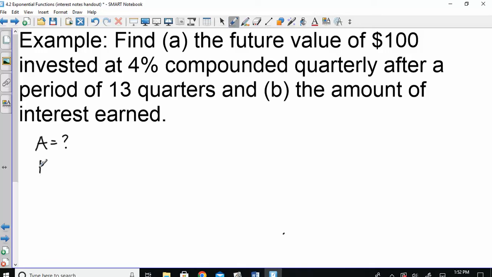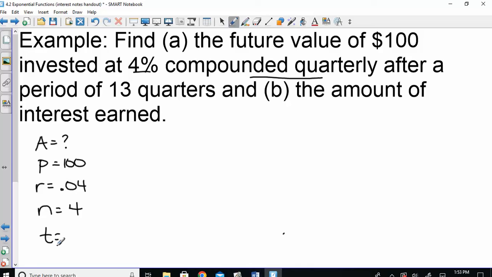What does that number represent? P, our principal. Invested at 4%, so what's that? R, and we have to use a decimal, so 0.04. Compounded quarterly. That's my N, the number of times per year. Quarterly is 4 times a year.